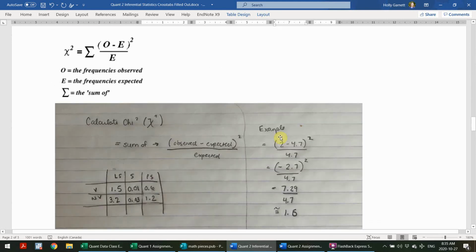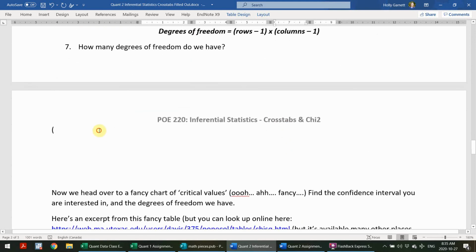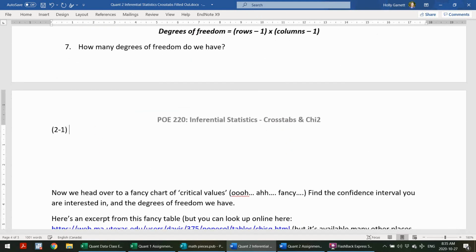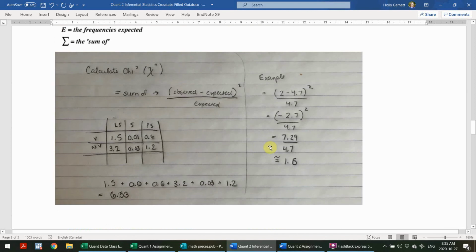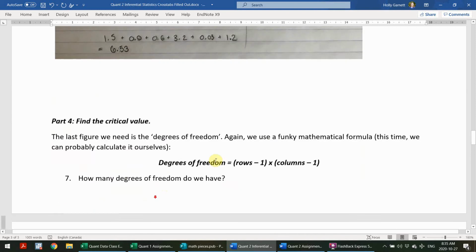So we have 2 minus 1 times 3 minus 1, so that's 1 times 2, equals 2. So we have 2 degrees of freedom. All right, so we have all the information we need. We know our degrees of freedom is 2. We know that our chi-squared is about 6.5.